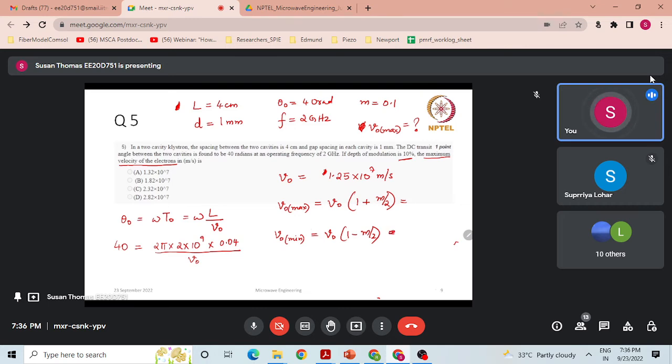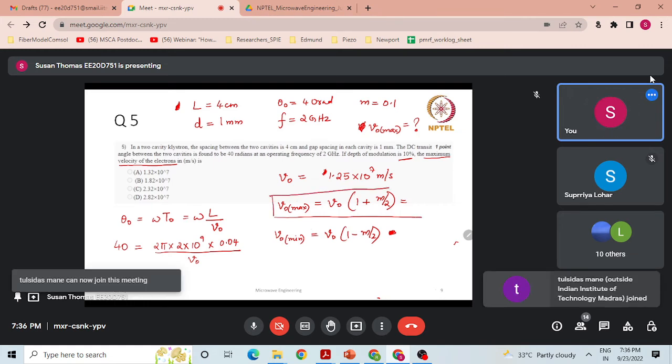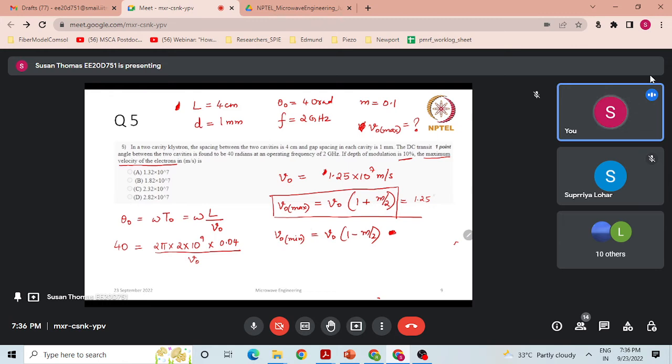This minimum is not being asked, so let us see what is being asked. This is being asked. If you calculate this, 1.25 into (1 plus 0.1 by 2) whole thing into 10 power 7, can you let me know the final answer among the options?